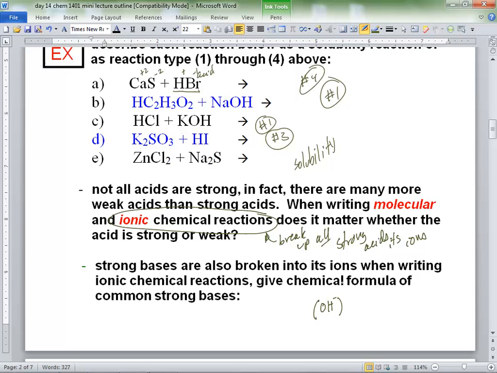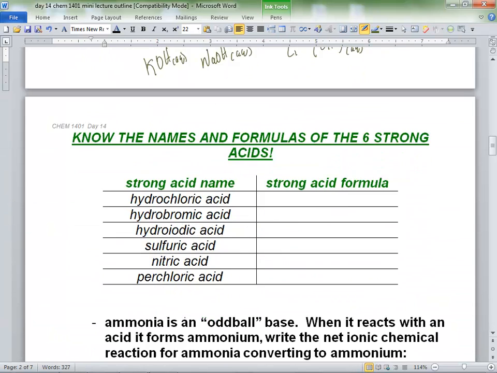It's always AQ. Always. So that means lithium hydroxide, strong base. Sodium hydroxide, strong base. Potassium hydroxide, strong base. So just remember that one, because it's going to save you a lot of time. Alkali metal with anything, always AQ. Always break up into its ions in ionic chemical equations.